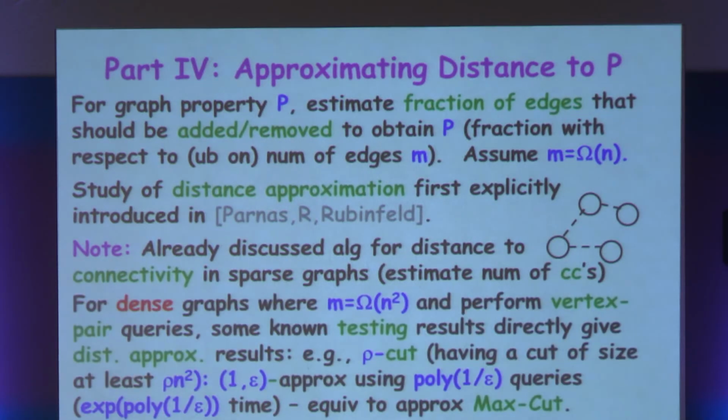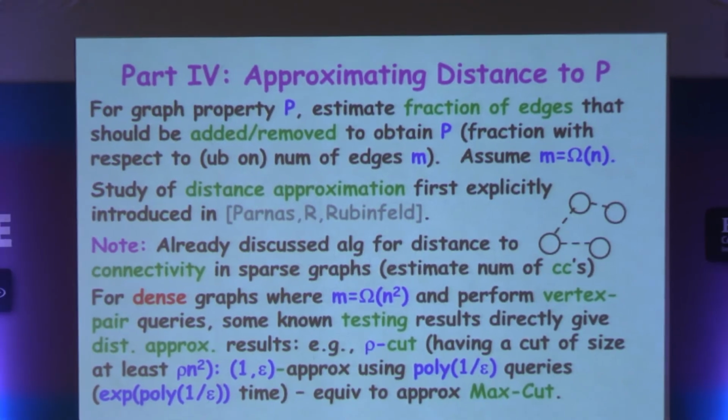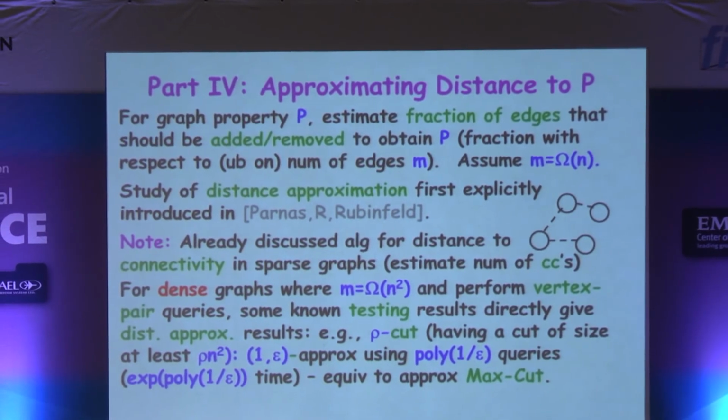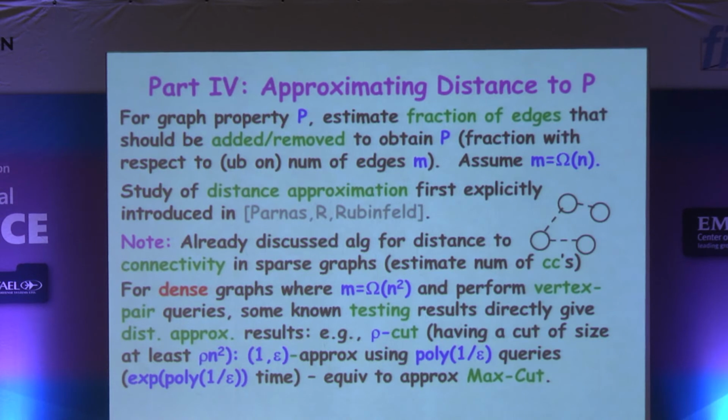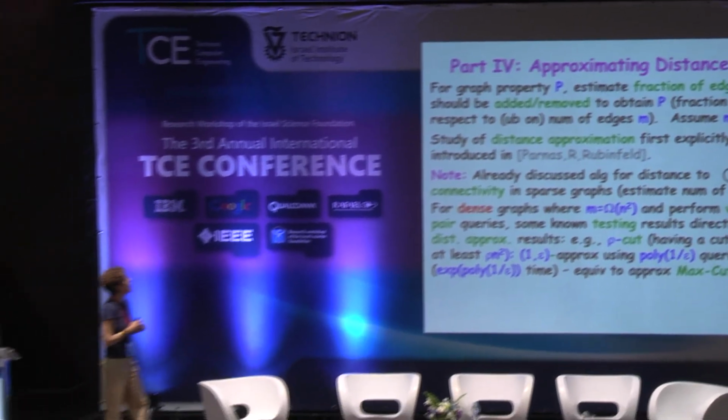And I'll mention, without talking too much, that if we talk about dense graphs, so up till now almost all the talk was only about sparse graphs, but if we talk about dense graphs, so there are many edges, and we allow queries of the form, is there an edge between a pair of vertices, then there are some known results that transform to distance approximation.